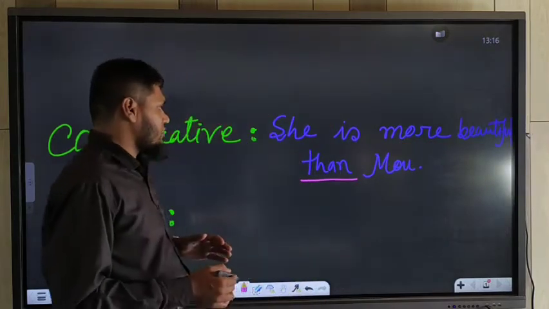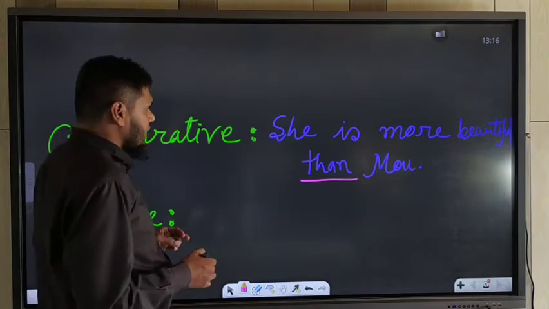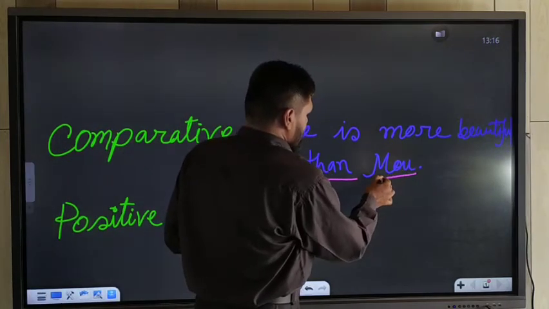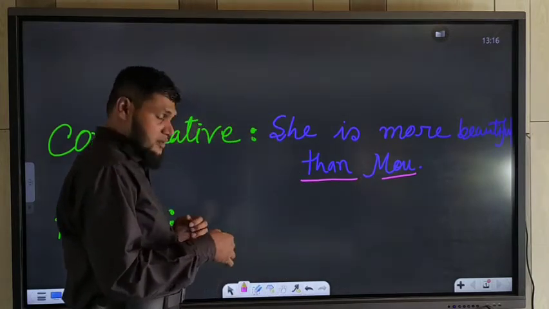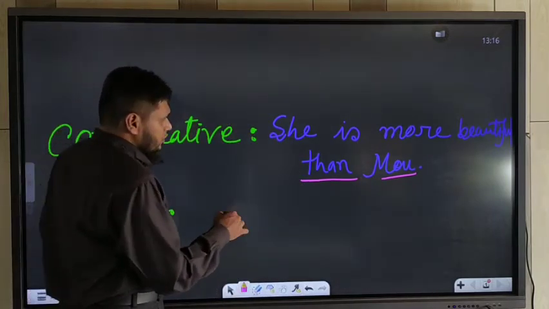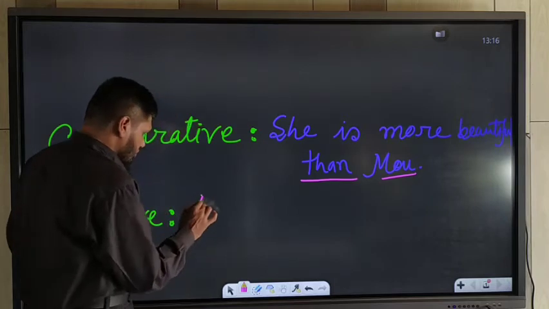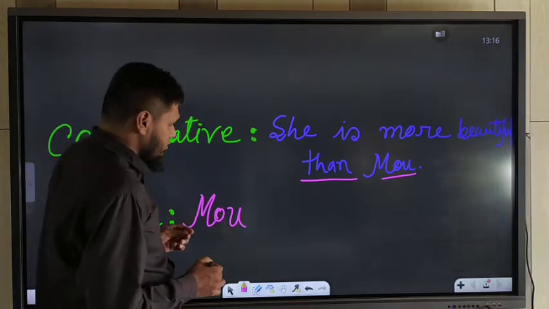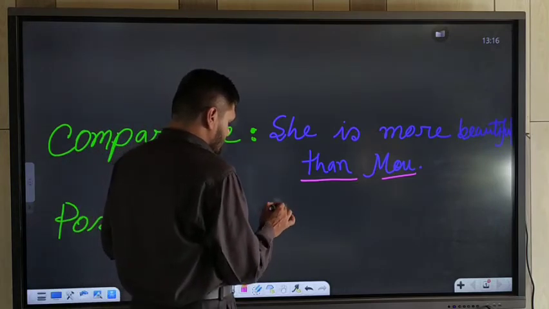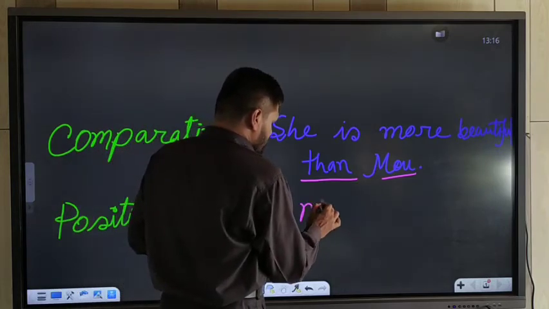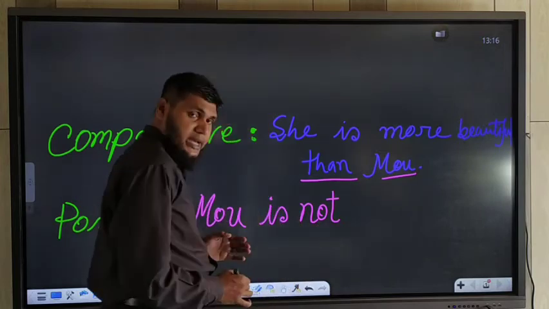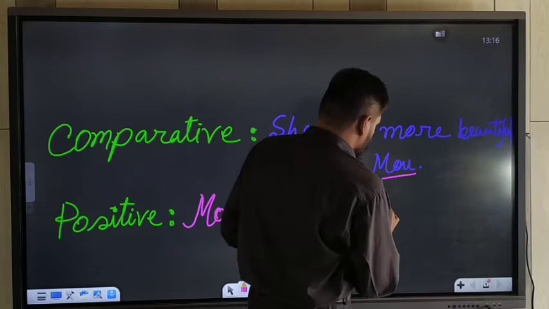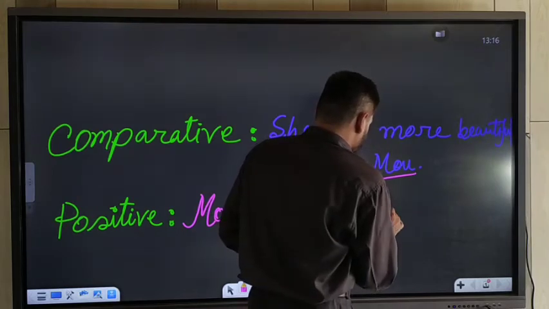Okay, so what we will do now, we will use the second subject first. So who is the second subject? Mo. Then you will use the verb, is not. Mo is not so beautiful as she.